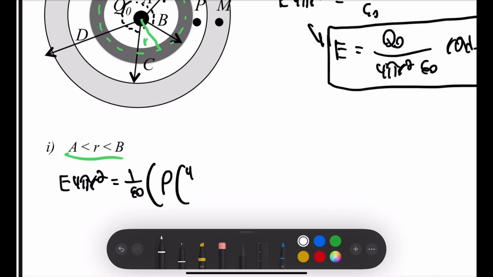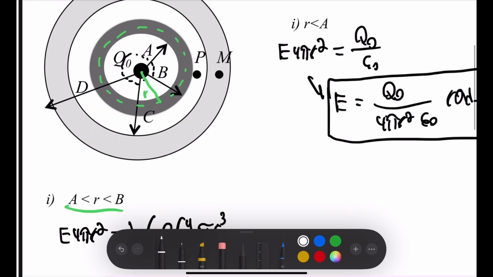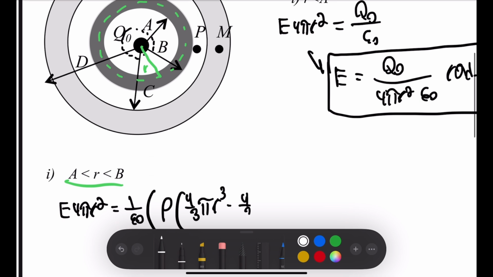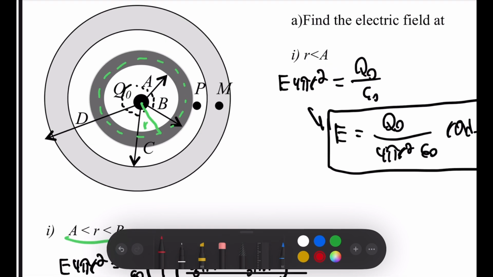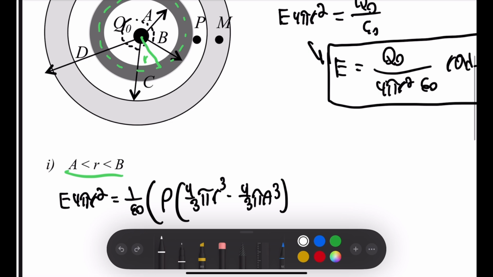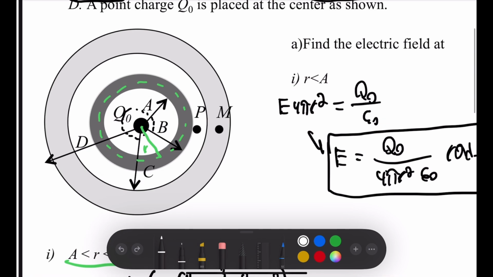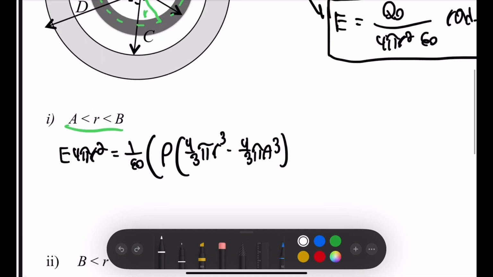So it's going to be 4 over 3 pi r cubed minus 4 over 3 pi a cubed, right? Because we need to account for this hole right here, because we only care about where the insulator is. But then we also are enclosing the Q naught point charge in the middle, so we have to add Q naught as well.